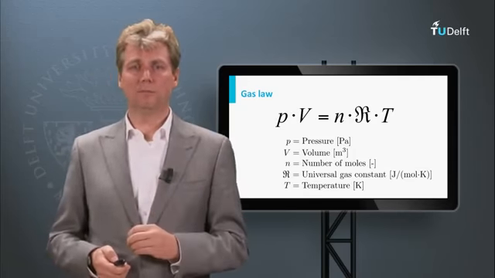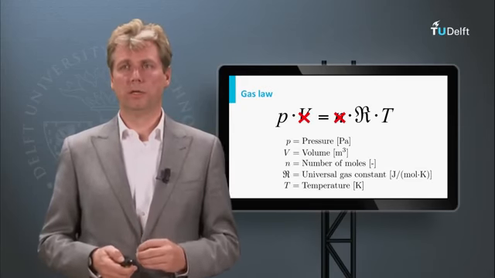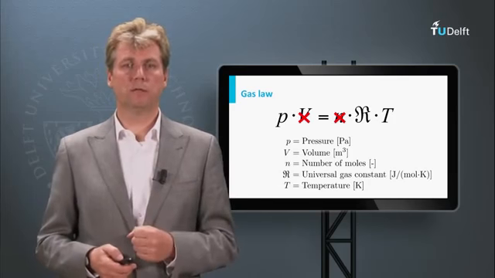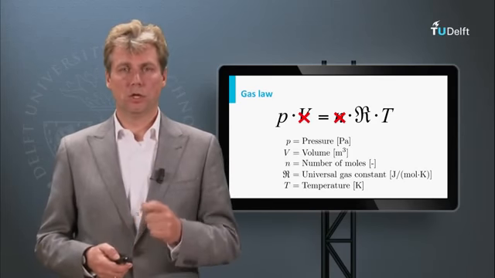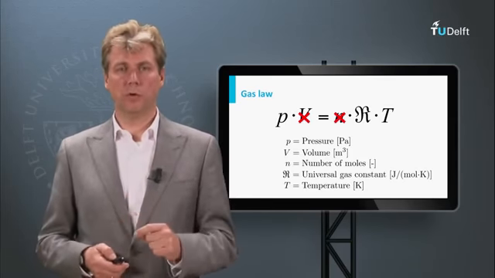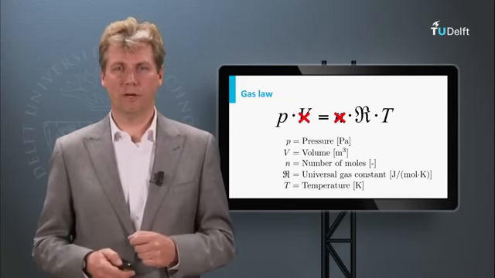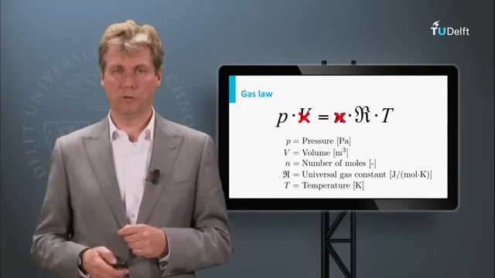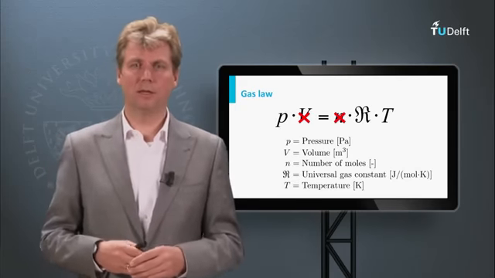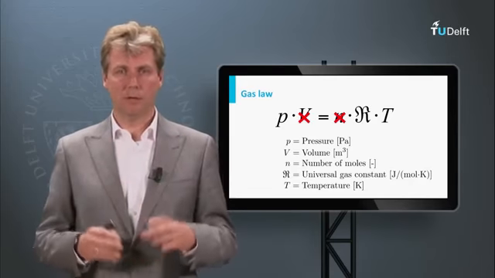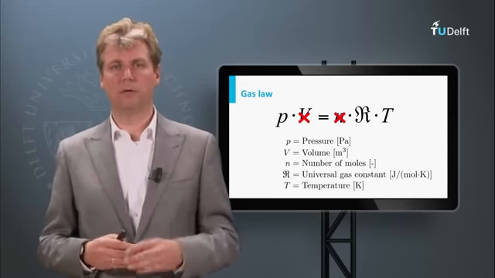So ideally, we would not want the volume or the number of moles to be present in this formula. So the first thing we're going to do is to derive a gas law without these two annoying variables, the volume and the number of moles. We will use the volume occasionally in the balloon, when we talk about the inside of the balloon, but especially when we talk about the atmosphere, we'd like to get rid of it.